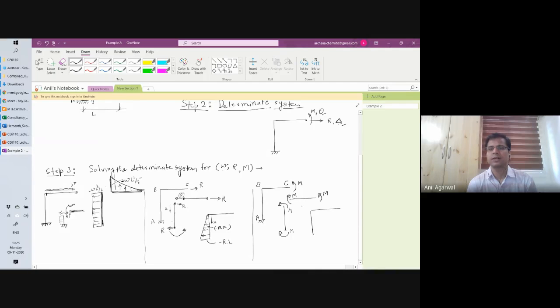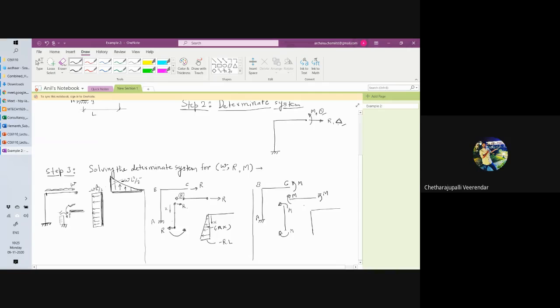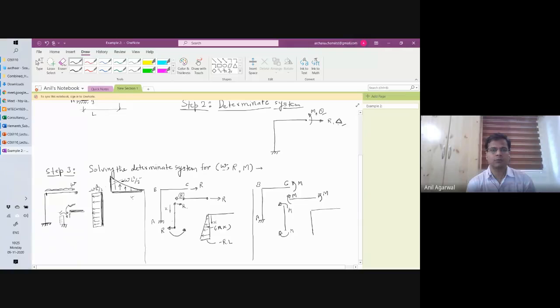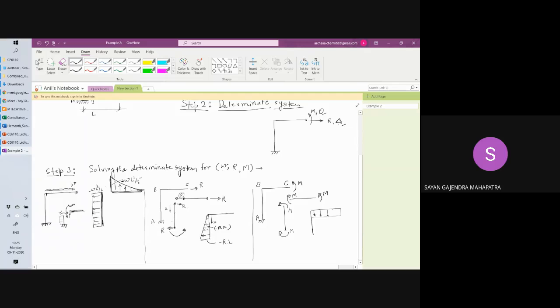For the horizontal member, which side is the tension side? Bottom side. So that is opposite of what we had when W was applied. So we will draw it on the bottom side. What will be the bending moment diagram? It will be uniform M, a straight line.